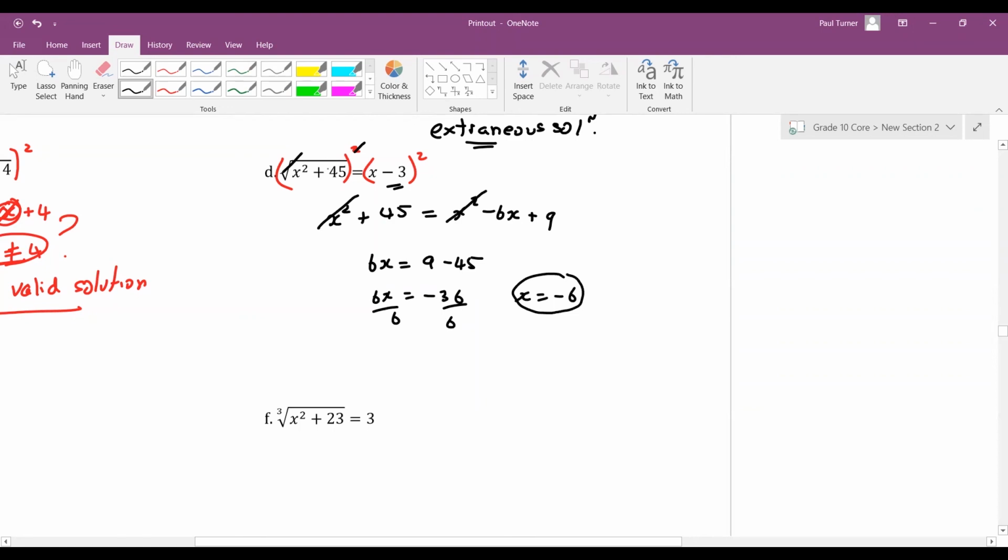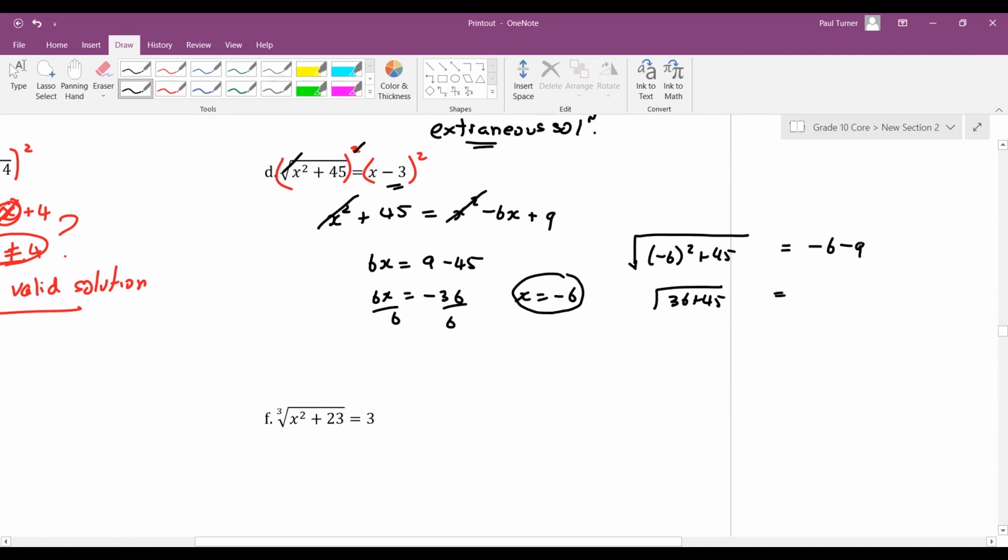So you need to go back to your original question and check this actually is a valid solution. So you would have minus 6 squared plus 45 equals minus 6 minus 9. So this is going to be 36 plus 45. That's going to be 81.